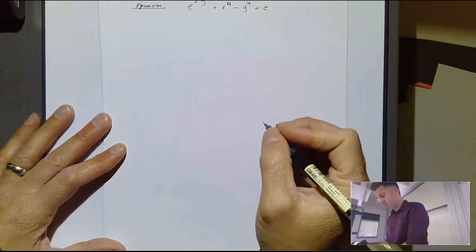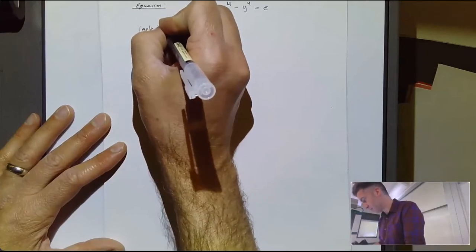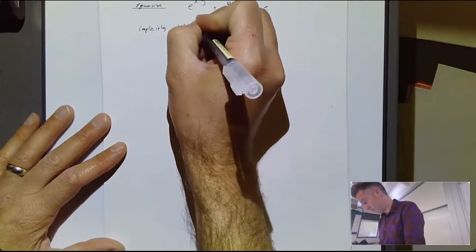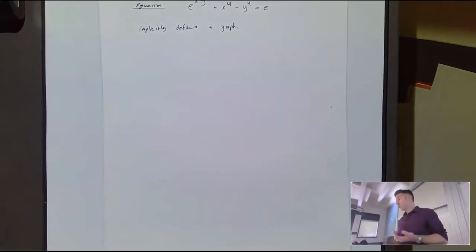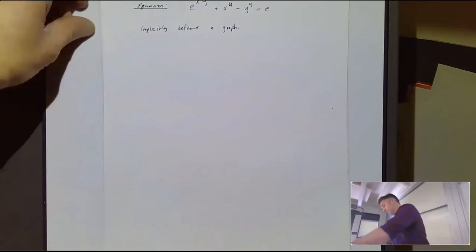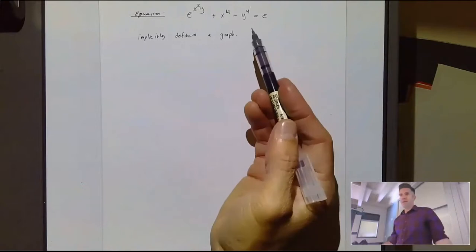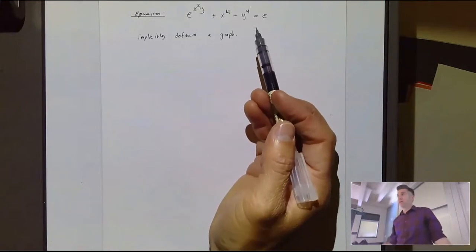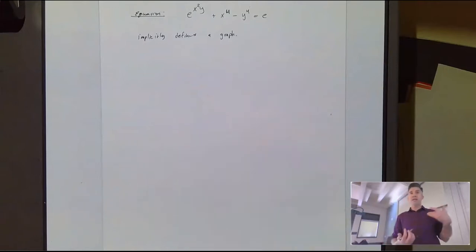So that equation implicitly defines a graph. One cool thing, technology is great. As a student, I never would have been able to graph this or even see what its graph looked like because it's probably super weird looking. But you can actually totally use Desmos and graph things like this.